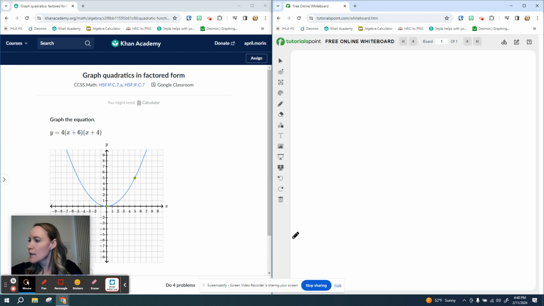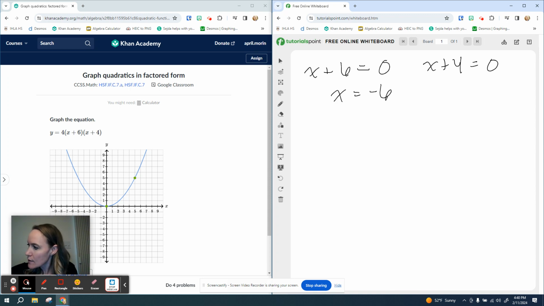We have x plus 6 equals 0, and then x plus 4 equals 0. So x equals -6 and x equals -4. So let's see, x equals -6.